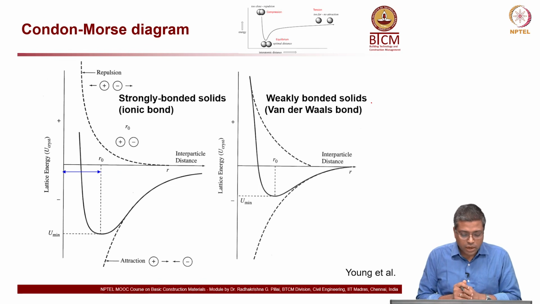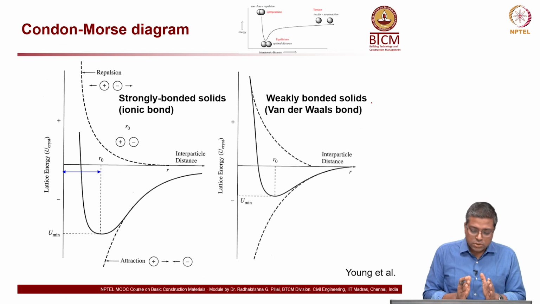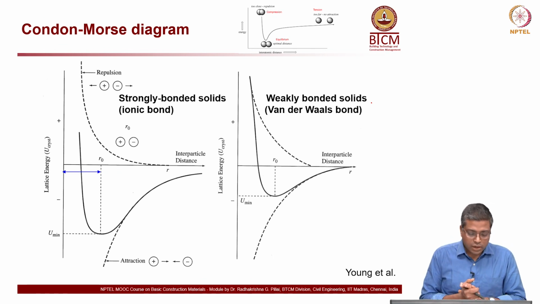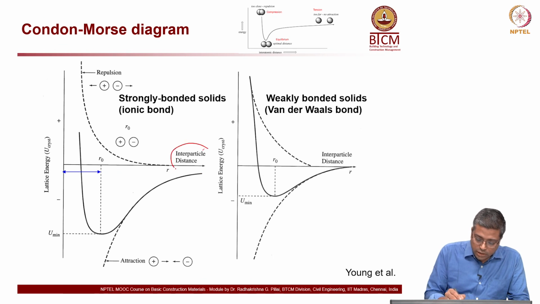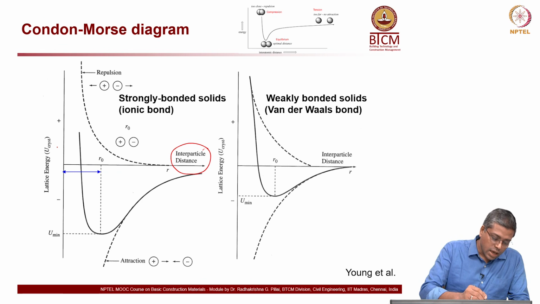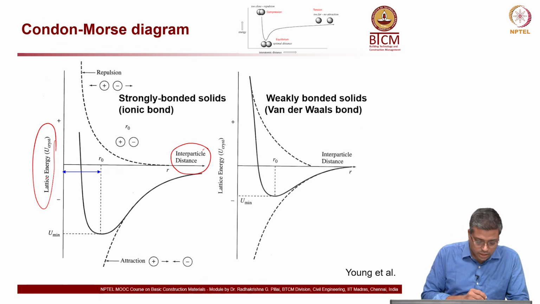Now, let us look at the same graph in a little bit more detail. Focus on the left side of the graph, where you can see the interparticle or interatomic distance is the abscissa and lattice energy is the ordinate, or the distance versus the energy level.